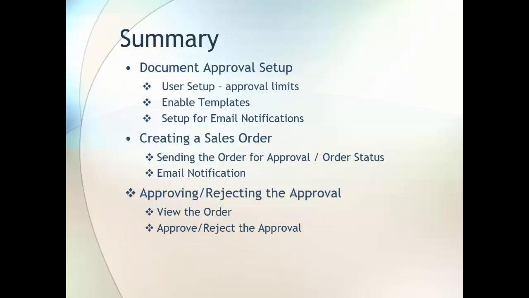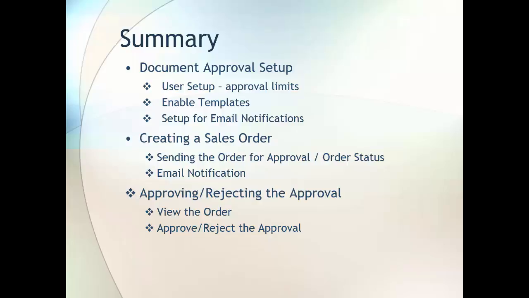So, in summary, we've had a look at our document approval setup, how we attach the various users and apply those approval limits based on either the salesperson as being the approver or the approver ID. We've had a look at how we enable the templates that we want to use and how we can set up for email notifications.